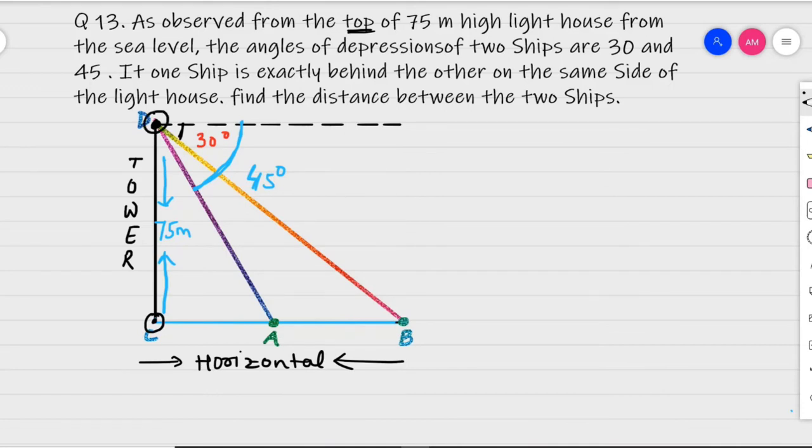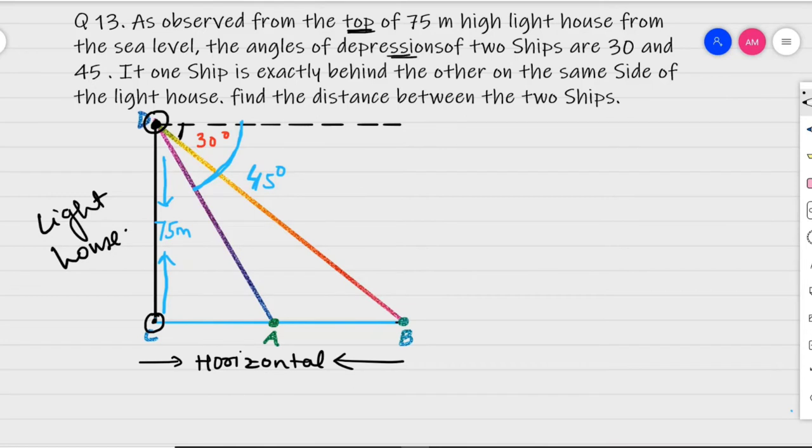That is a tower or lighthouse, whatever you can say. Better you write down lighthouse only. This is your lighthouse. Now see, from the sea level, the angle of depression of two ships. Why depression?